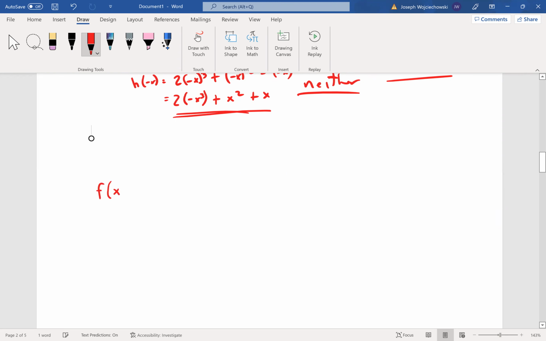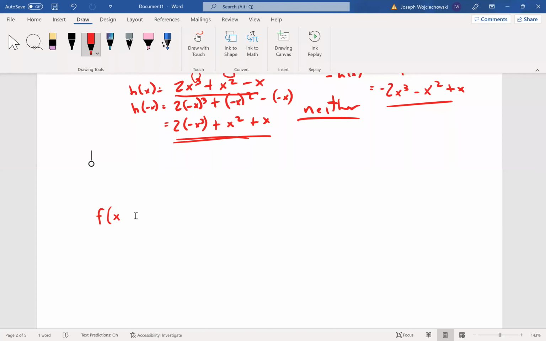F of x is equal to x plus 7 for x less than negative 2, x squared for negative 2 less than or equal to x less than 1, and 3 for x greater than or equal to 1. So this is going to be a function in 3 parts.